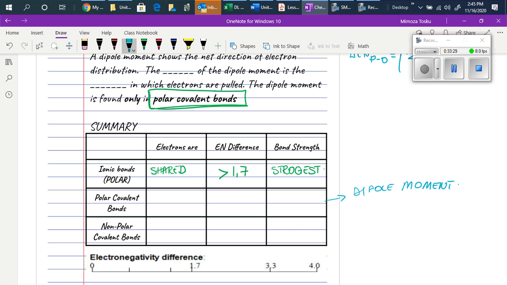As a result, the electrons will not be shared equally. The electronegativity difference is between 0.5 and 1.7, and the bond strength is somewhere in the middle.